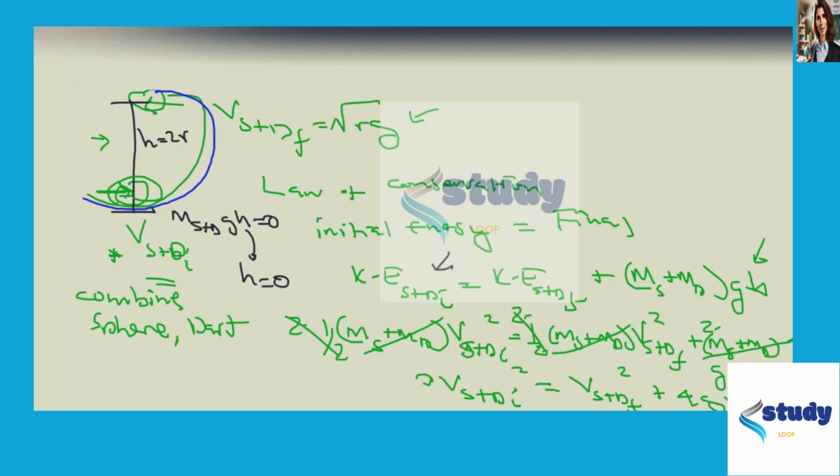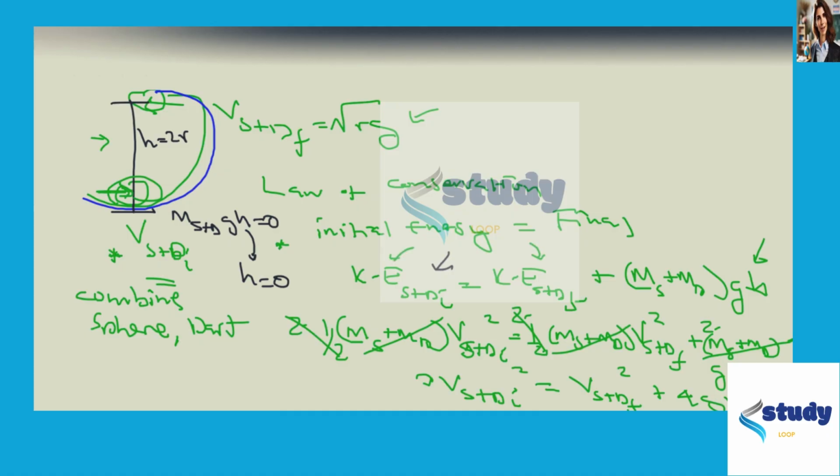The initial kinetic energy of the system, the combined system, that's the steel sphere and the steel dart, is going to equal the final kinetic energy and the final potential energy. Remember, we don't have an initial potential energy because the height is 0, so we only have an initial kinetic energy.